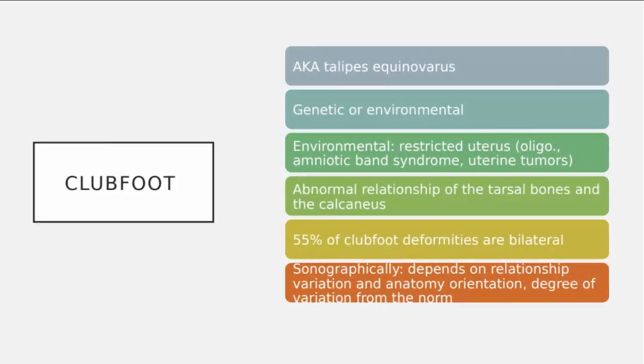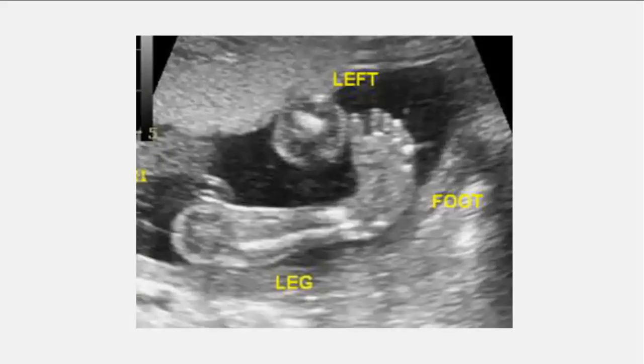On ultrasound, it's all going to vary depending on the severity of the relationship from the foot to the ankle. So we're really looking at the angle of that relationship, the degree of that relationship, and we'll very easily be able to pick clubfoot up if we are looking in the right plane at that baby's leg. So here we have the elongated calf.